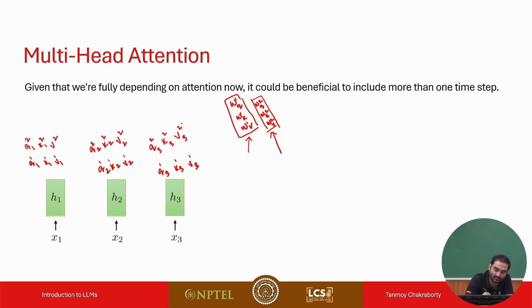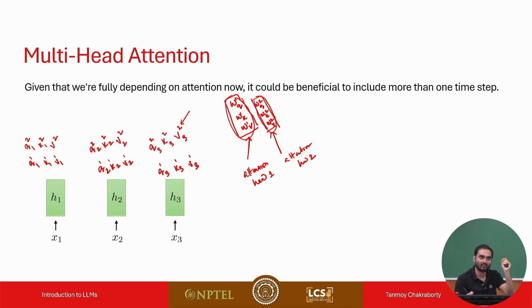Each of these sets of parameter matrices is called an attention head. So this is attention head 1, this is attention head 2. Through each attention head, you generate an attention vector.